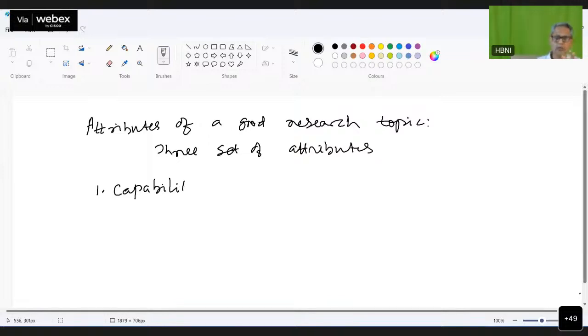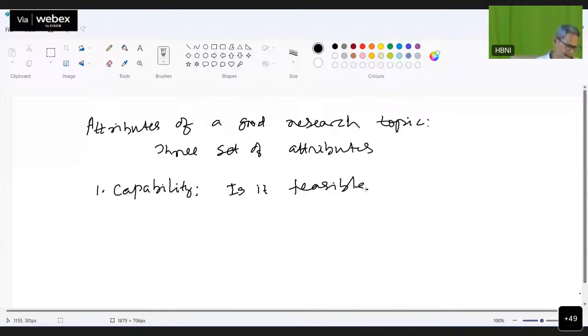When you want to select a research topic, first you have to see your capability. In the sense, is it feasible? So you have to ask the question. Is it feasible? That means you have enough resources in your department or in your institute, and you have enough techniques, and also you have time.